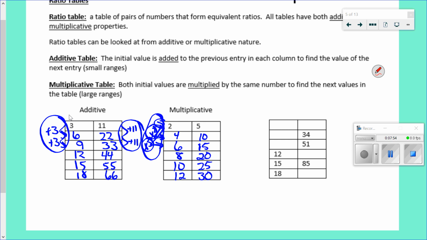Okay. Now, sometimes they're going to give you a table with missing pieces. You have to look at it in either of these two manners in order to figure out what's missing. So, for example, on this first one, who sees some patterns that we can use to start filling in those missing pieces? Avi, I saw your hand first.